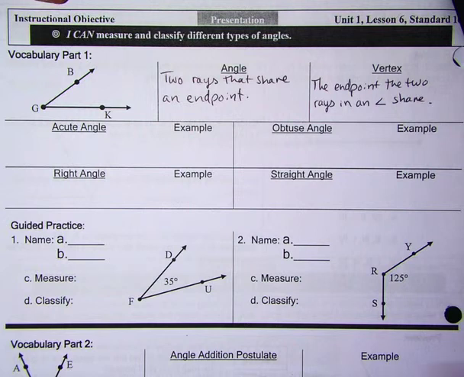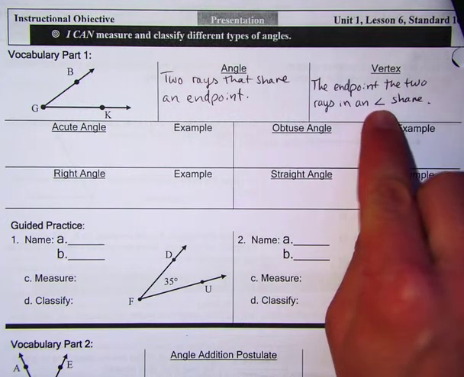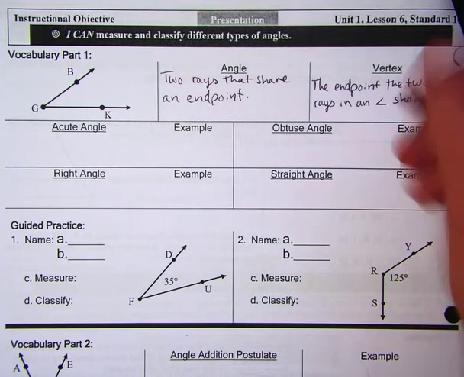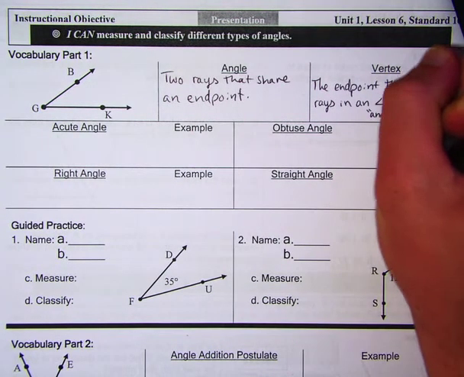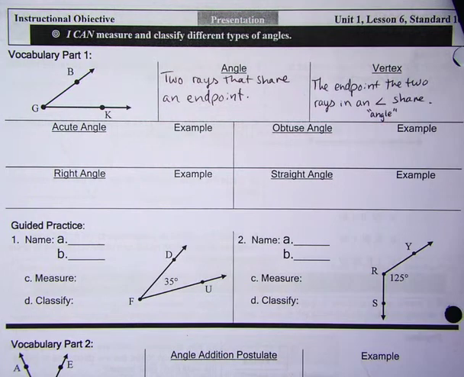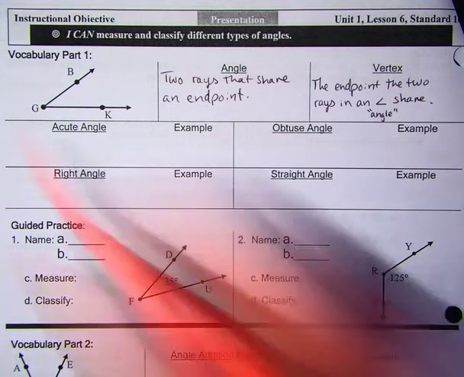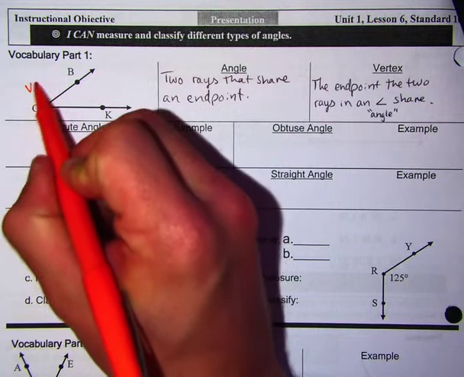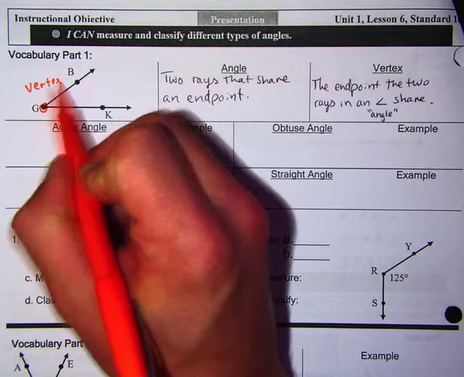So the endpoint the two rays in an angle share. And we say this little symbol right here, angle. So this right here, that is the vertex.